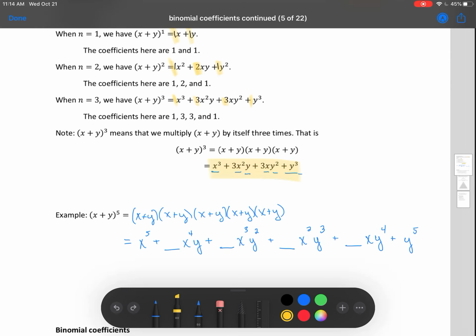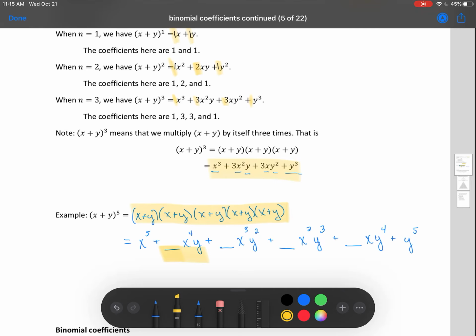So we have to think about what these coefficients that I've left blank in front of the middle terms are. So again, we can think about this as x to the 4th times y. We need to choose 4 of these terms here to contribute an x, and that means by default, one of them is going to contribute a y.